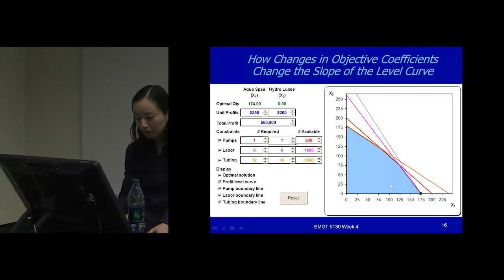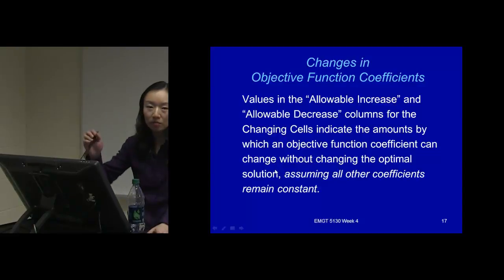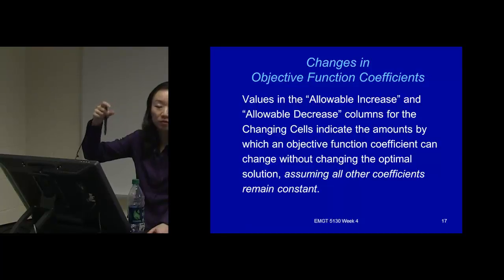Just now this is 100, and this is 100 too. So the values in the allowable increase and allowable decrease columns for the changing cells indicate the amount by which an objective function coefficient can change without changing the optimal solution. Remember, optimal solution means that point. It's the decision variable's values. It's not the objective function value.